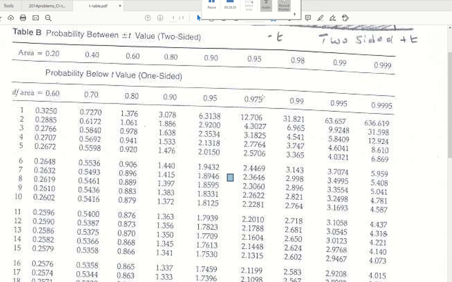But remember, I need to do the 1 minus. So 1 minus 0.95 and 1 minus 0.975 yield 5% and 2.5%. And now I need to multiply by 2. So the 5% becomes 10% and the 2.5% becomes 5%.